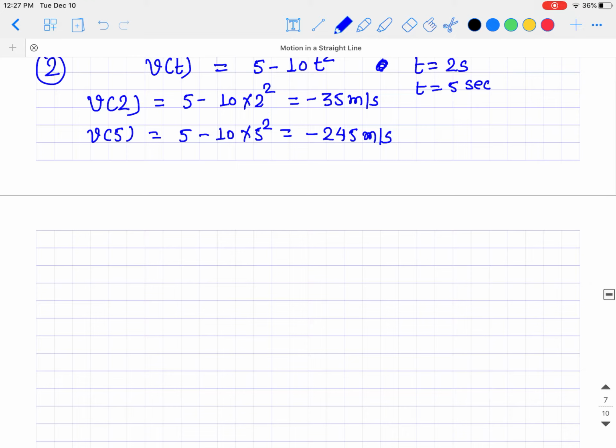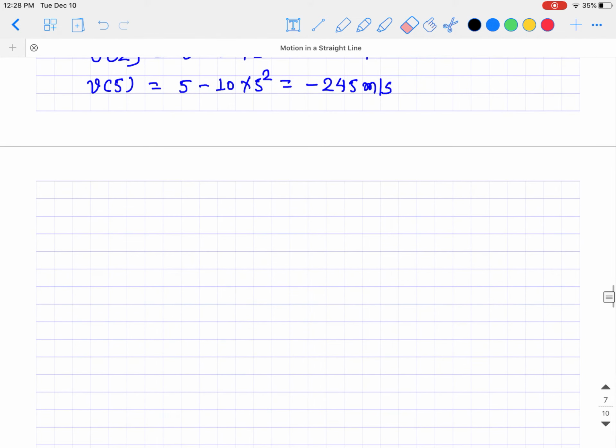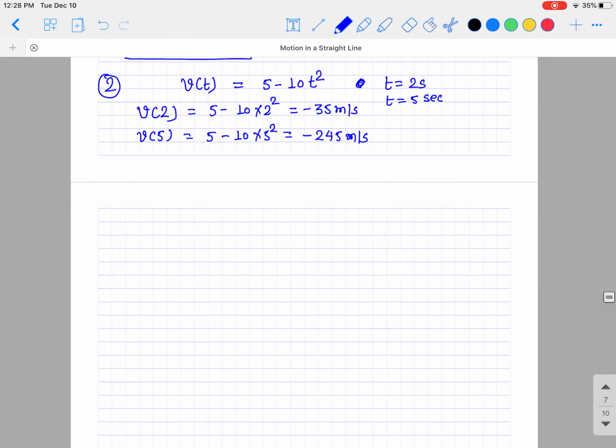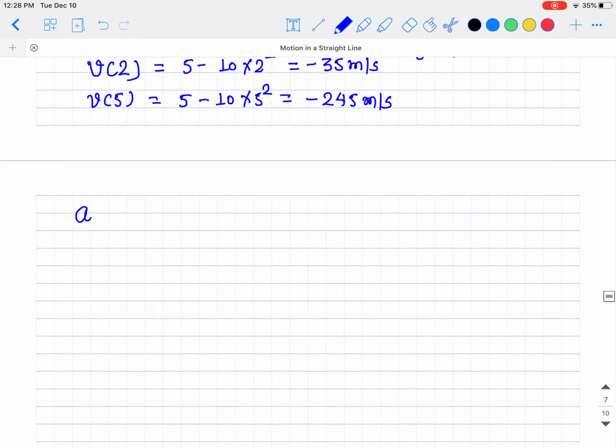So the average acceleration is the final velocity minus initial velocity divided by the final time minus initial time.